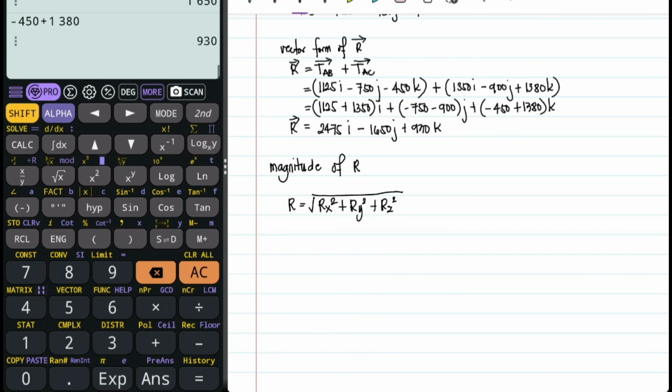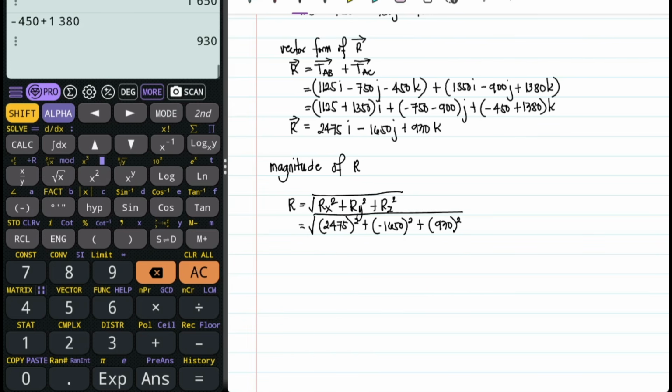So we have our Pythagorean theorem, and we substitute the square root of 2475 quantity squared plus negative 1650 quantity squared plus 930 quantity squared.